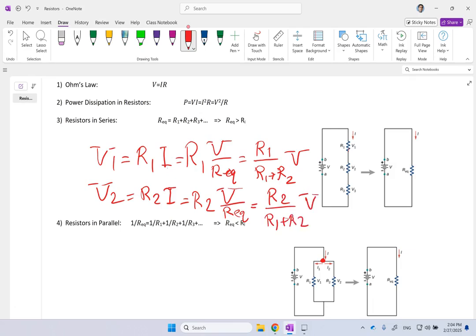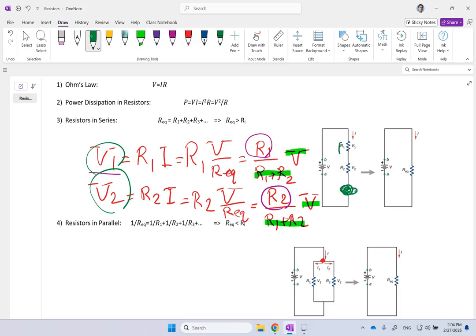So what are you doing? You are saying that if you look at the ratio between V1 and V2, that's the same ratio as between R1 and R2, because the rest of it is constant. This term here is the same in both of them. So you are saying that the resistor that is bigger is going to get a bigger voltage. So if I only have two of them, let's get rid of this for a moment.